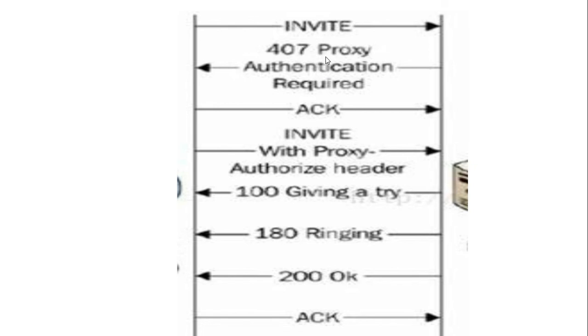For that challenge, the operator provides you a username and password, and when you try to make an outbound call they ask for proxy authentication. Then you have to send the proxy authentication with the authorization header with the username and password, and only then will they allow you to dial out a call. So this is another kind of authentication required for dialing out. This is proxy authentication.